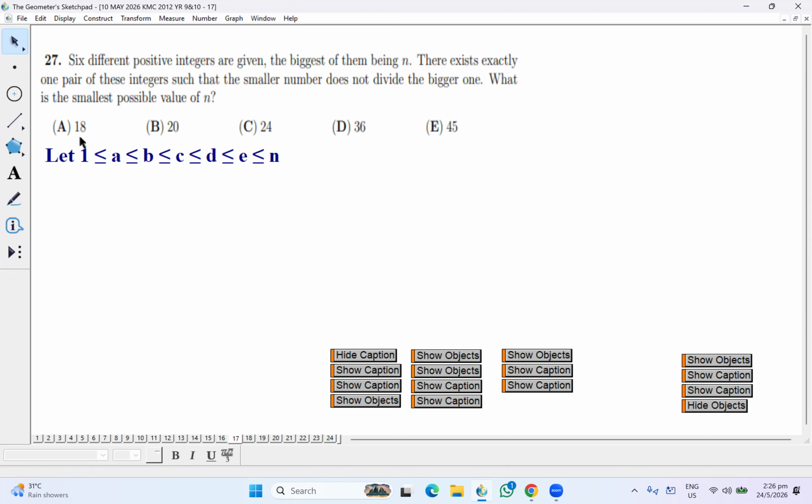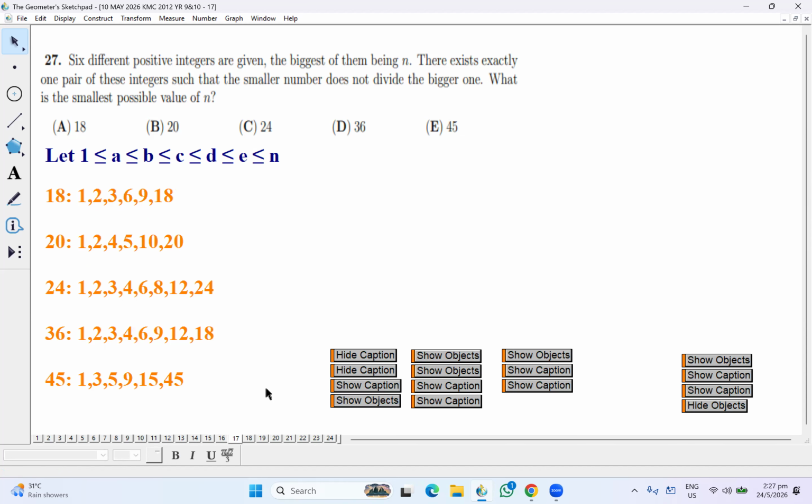So these are the answers. Can n be 18? We look at all the factors, because only then can we have numbers that divide each other, the smaller dividing the bigger.